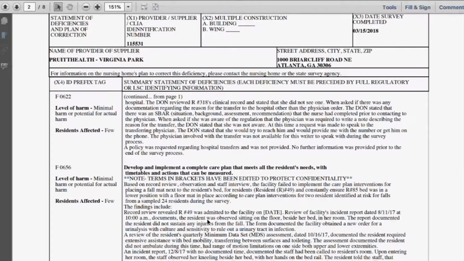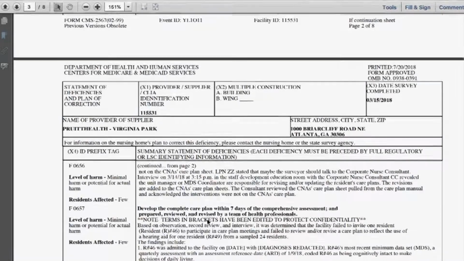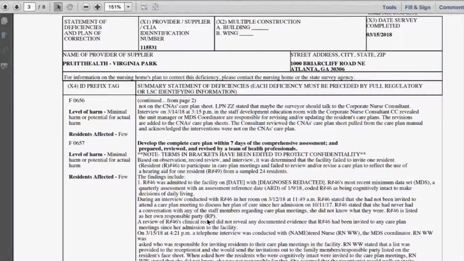And then underneath the F565 in bold, it says level of harm and residents affected. And that's what I meant when I said that nursing home surveyors tend to do a poor job in adequately scoping the level of harm and the effect that these violations have had on residents.